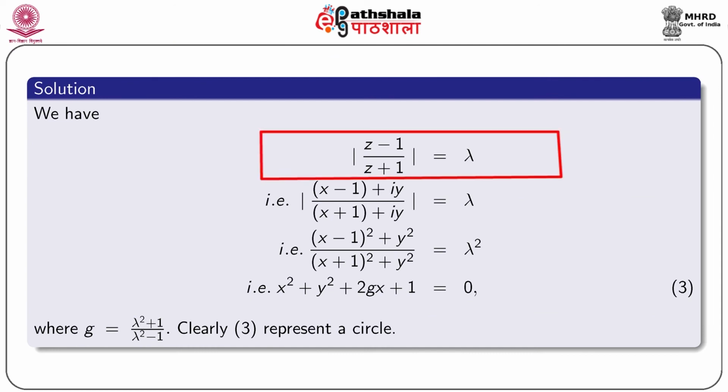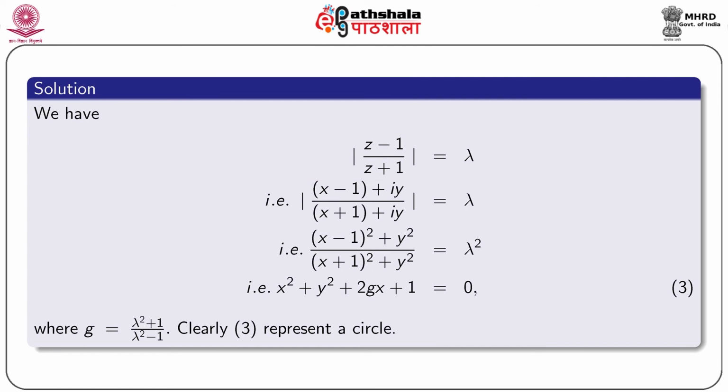So, we have modulus of z minus 1 by z plus 1 is equal to lambda. So, let z equal to x plus iy.